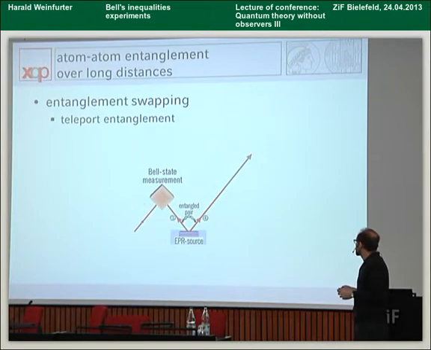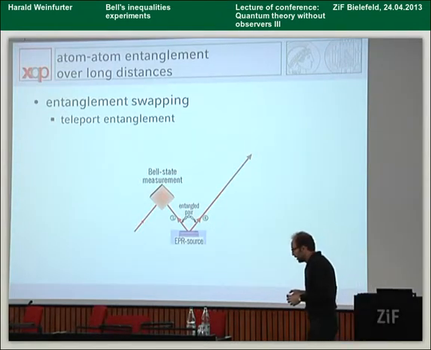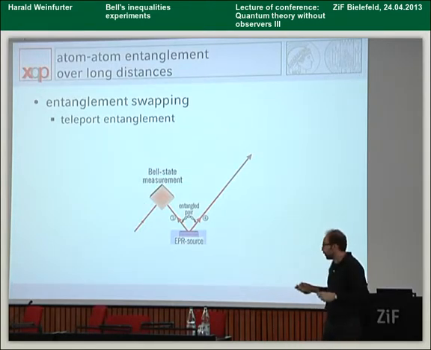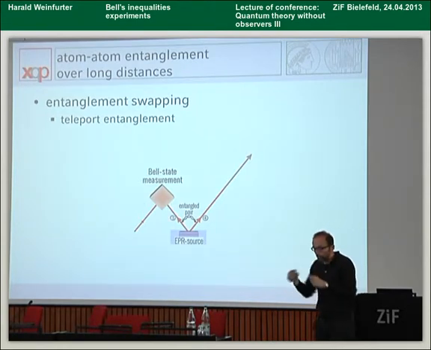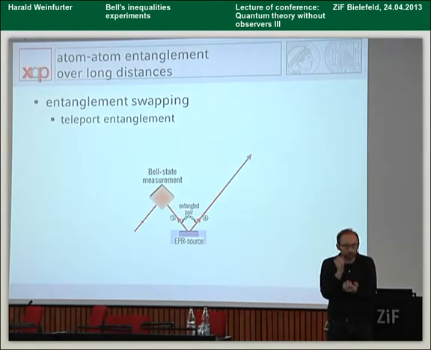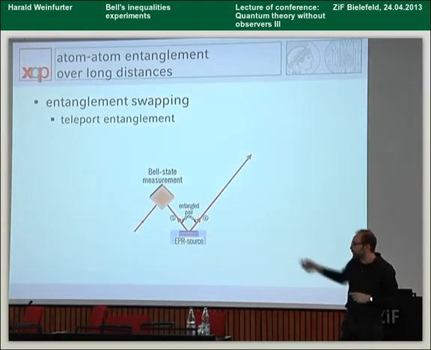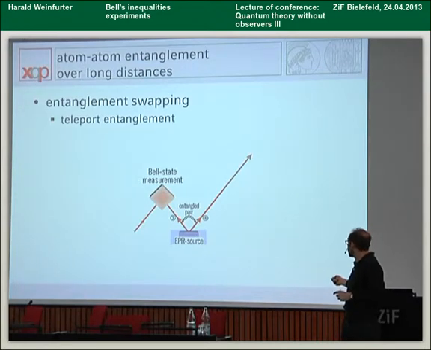So teleportation works like this: if we have a quantum state on this incoming particle, then we can transfer the state to this particle, here called number 4, simply by doing a Bell state measurement, projecting this incoming particle together with another one, particle number 3, onto an entangled state. This projection onto an entangled state gives me some result from which I can infer the state here, which is equal to this incoming state up to a local unitary transformation.